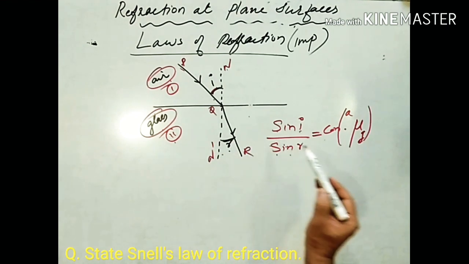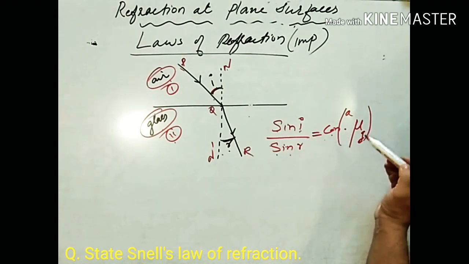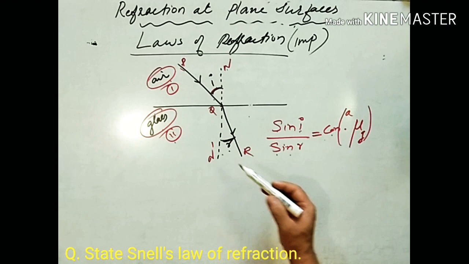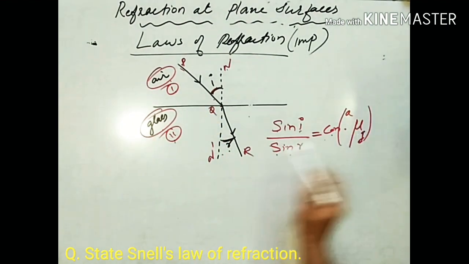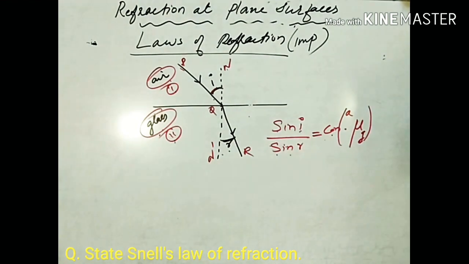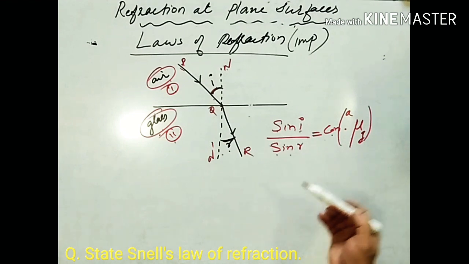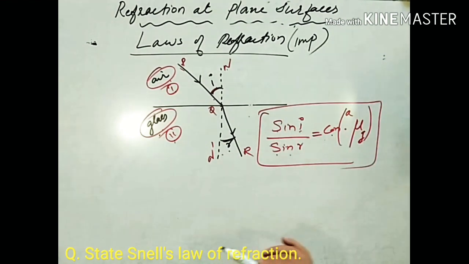Here, it is the refractive index of the glass with respect to air. This is known as Snell's law of refraction. So these are very important laws of refraction. Please learn the two statements of the laws of refraction and you must learn this expression. Clear?